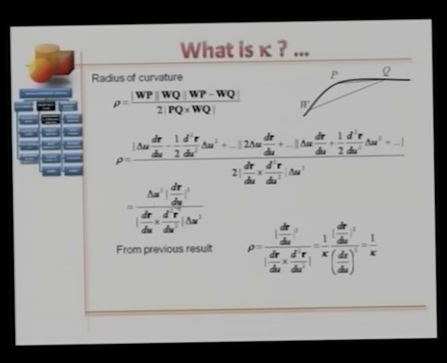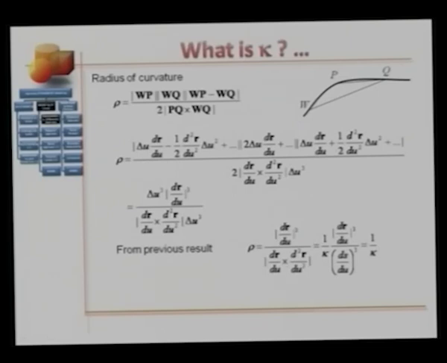We see from this expression that delta u cube can get cancelled out, and so rho becomes the modulus of dr over du the whole cube over the modulus of the cross product between dr over du and d2r over du squared.